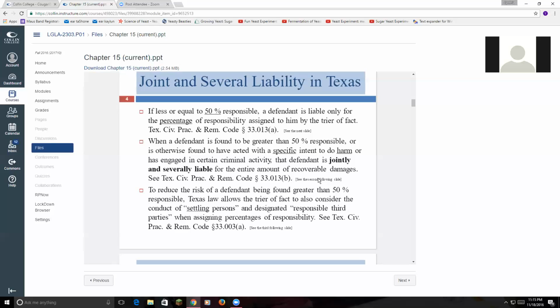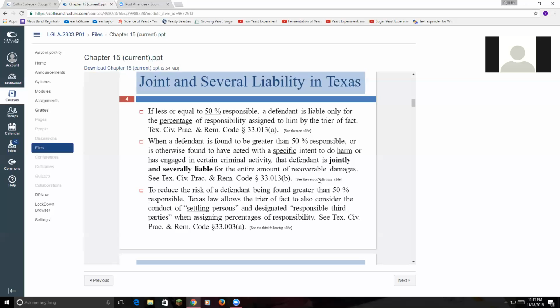It might match whatever David and Louise had negotiated. It might not. It might be greater. It might be less. So the actual agreement between Louise and David would not control in terms of assigning the percentage. It would be what the jury finds.